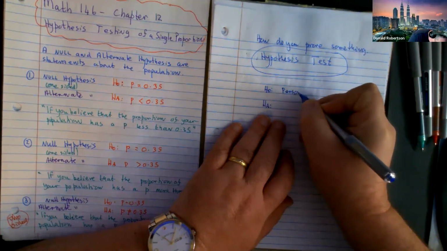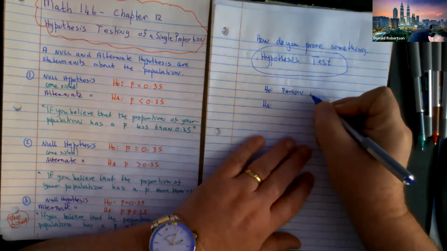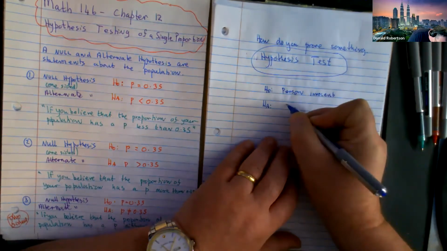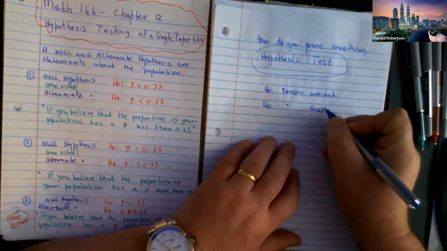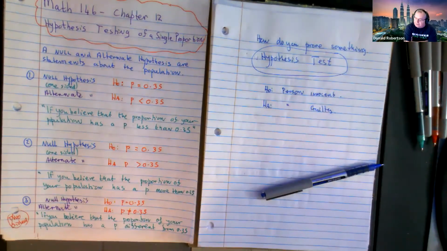So somebody's on trial for murder, and H naught is that the person is innocent. And the alternate would be that the person is guilty of the crime, right? And that's it. You're either guilty or you're innocent, right? That would be the dichotomy.